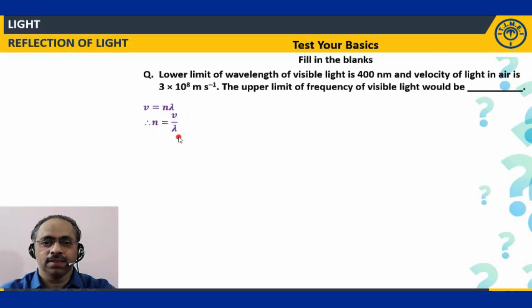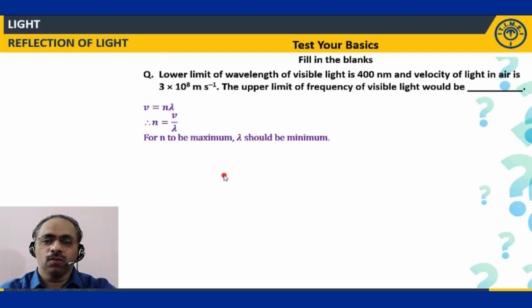Lambda is the wavelength. V is the speed. So, n is the frequency. Okay. So, given that n is equal to V by lambda, if you want n to be maximum, the lambda should be minimum. Why? Because the value of V is constant in vacuum. That is given as 3 into 10 power 8 meters per second.